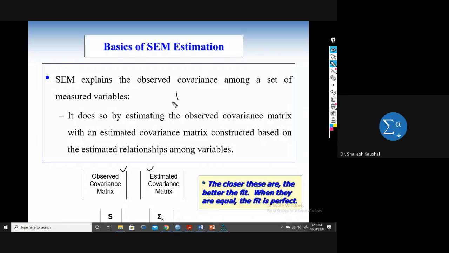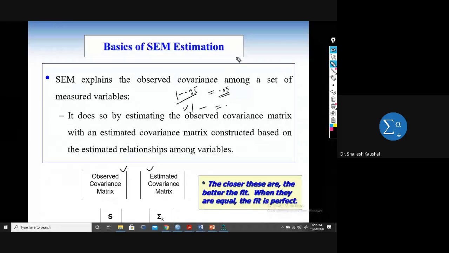For example, the value of this observed covariance element is 1 and the value of my estimated covariance element is this, so the difference is 0.05. If our estimated value is far away from the observed, then our model will not fit.